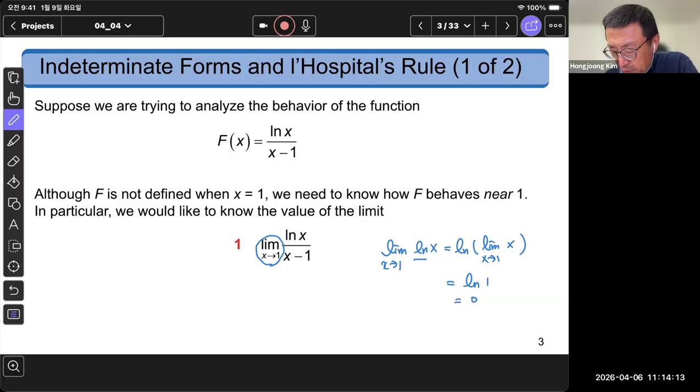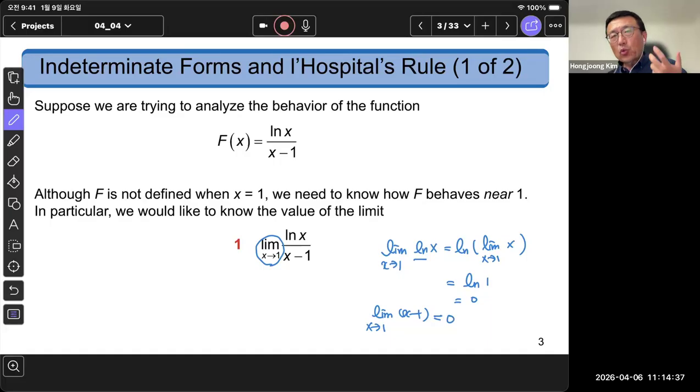And if I have x minus 1, it is also simple because x minus 1 is a polynomial. In the case of a polynomial, if I have a limit, you can just evaluate the function there. If I plug in 1 to x minus 1, you get 1 minus 1, which is 0.